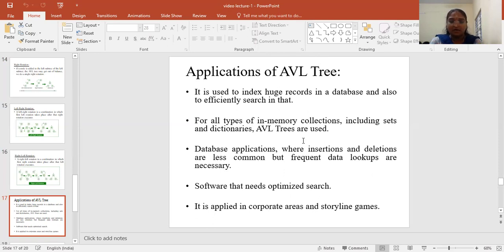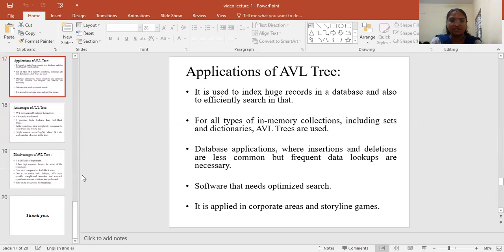It is also helpful in database applications where insertions and deletions are less common but searches are frequent. Software needs optimized search, and it is also used in corporate offices and storyline games. These are a few applications we come across.